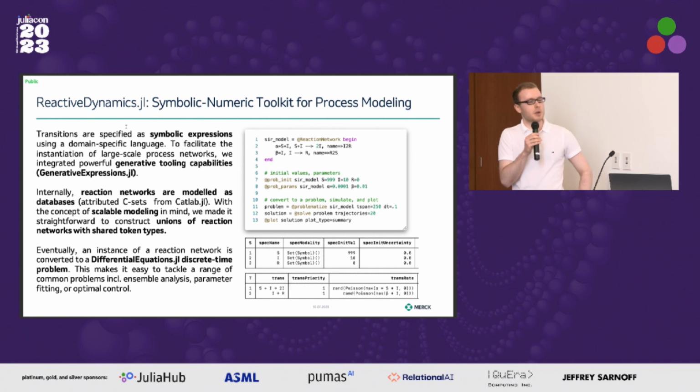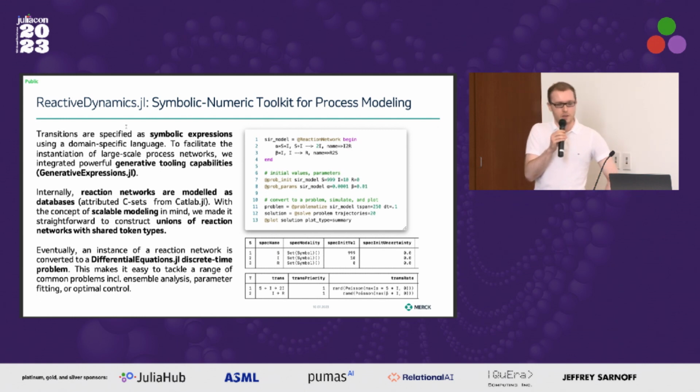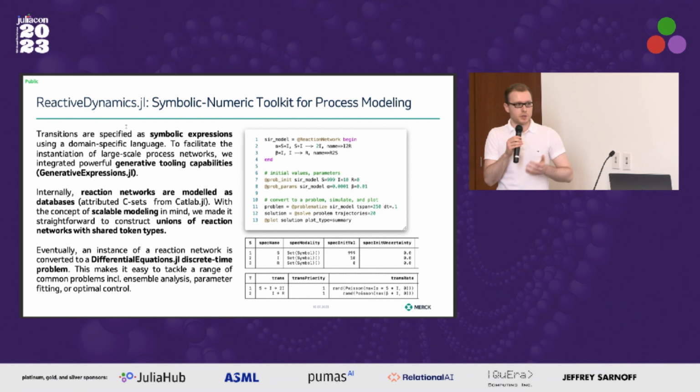This really resembles the syntax of, for example, Catalyst or some Petri nets. You need to provide the intensity of the transition, the left-hand side, the right-hand side, and you can also provide further attributes of the transition, as shown on the right-hand side. Then this information, this definition of the process network, is stored using the so-called ACSet.